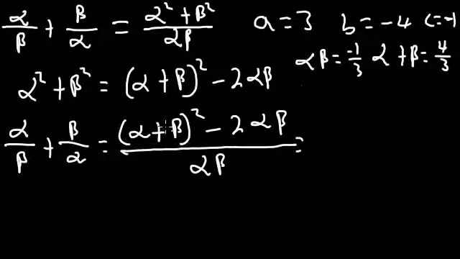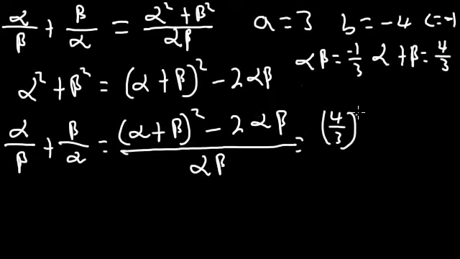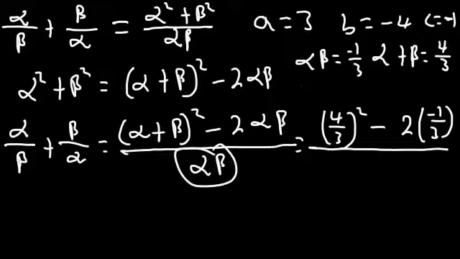Okay, now we can substitute the corresponding values. Alpha plus beta is 4 over 3, so we have 4 over 3 all squared. Then minus 2 alpha beta. Alpha beta is negative 1 over 3, so minus 2 multiplied by negative 1 over 3. Then divided by alpha beta, that's negative 1 over 3.